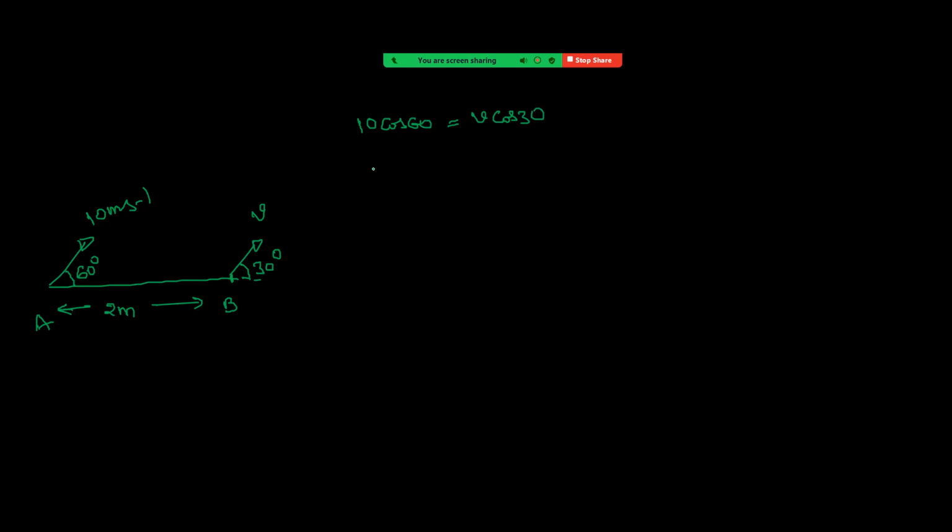So cos 60 is 1 by 2, V cos 30 is root 3 by 2, right? 2 gets cancelled. So V equals 10 upon root 3 meter per second, right? So we got the velocity of point B.